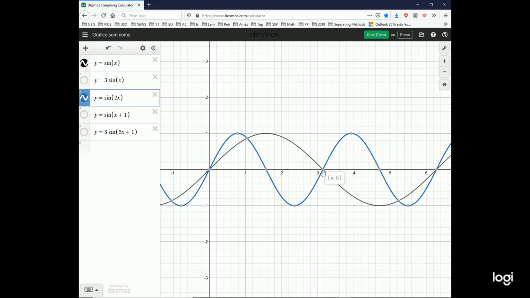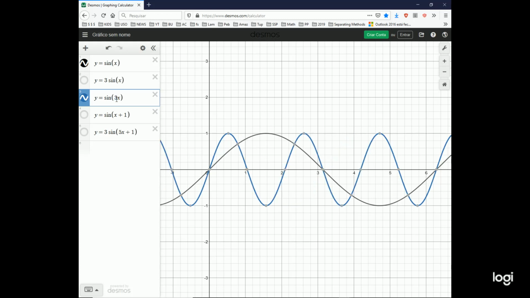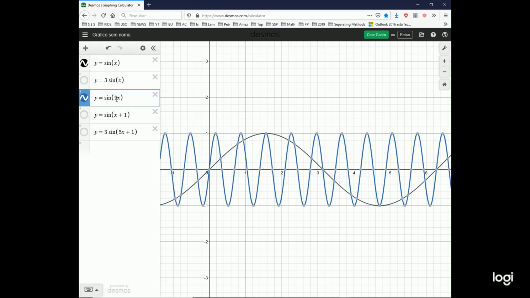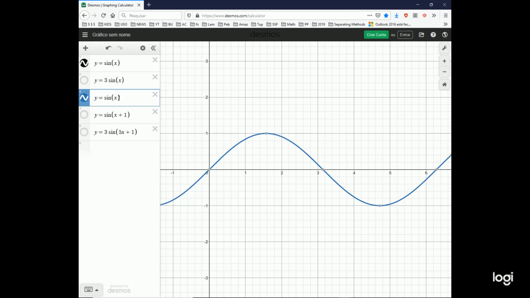Why halfway? Just because we have to divide by 2. And if we go to 3, 4, 5, maybe 9, can you see? The bigger we multiply the x, the more our period is divided by this same ratio. Okay, let's just live with 3, 5 I believe.